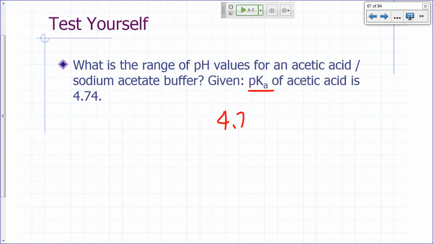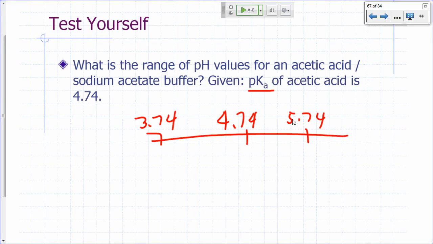Well, 4.74 plus 1 is 5.74, and 4.74 minus 1 would be 3.74. So you can use acetic acid and sodium acetate as a buffer if the desired pH that you want to stabilize is between 3.74 and 5.74.